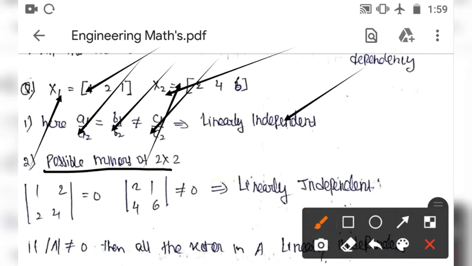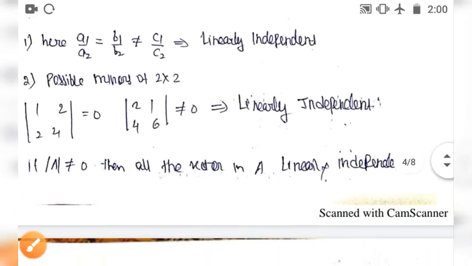We don't have to find all the possible minors. If in the first possible minor itself you are not getting 0, you just stop there, that is automatically linearly independent. So the second possible minor itself is coming not equal to 0, which means there is independency. This is one of the techniques.